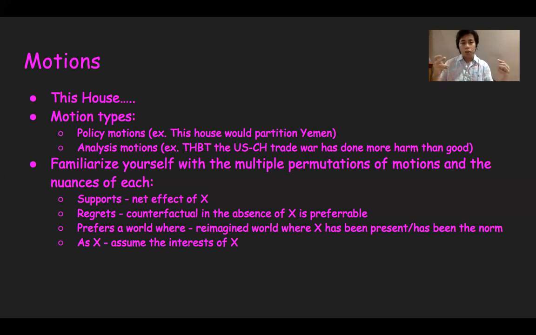There are generally two types of motions. You have policy motions and analysis motions. Policy motions, for example, "This house would partition Yemen," come in the form of, generally speaking, "This house would," and then an action to complete that sentence.